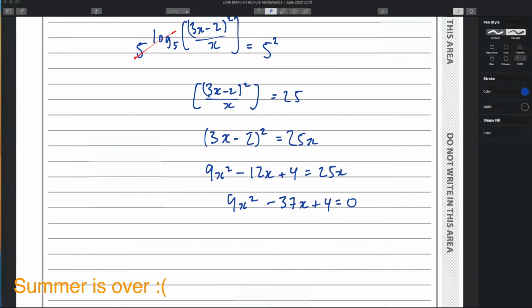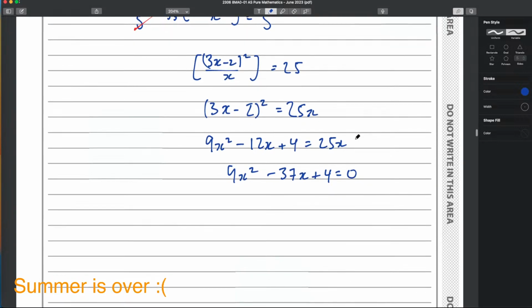Why isn't it a nice number? Can we factorize?